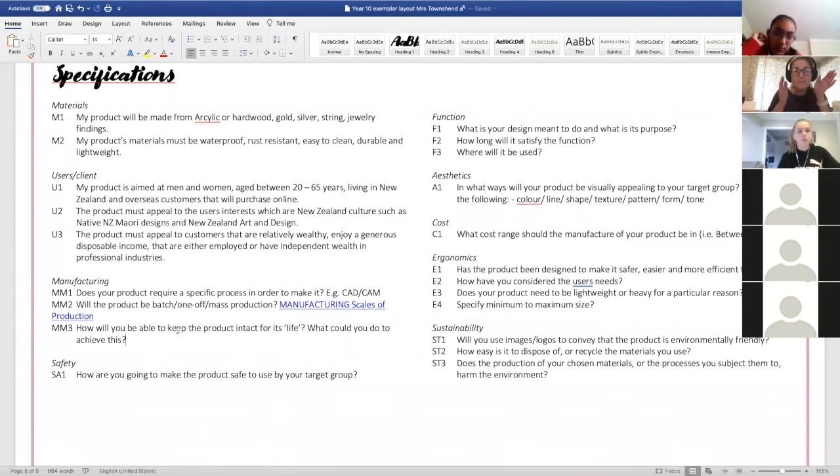My product must be manufactured to a high enough standard that it will last for the minimum of 1 year warranty, but a lifespan of maybe 5 to 10 years or something like that. So that kind of comes under function as well.